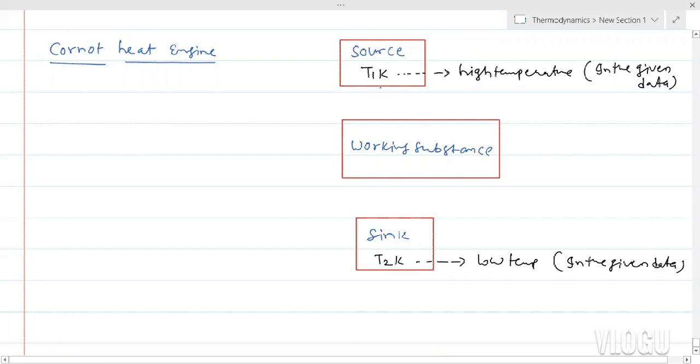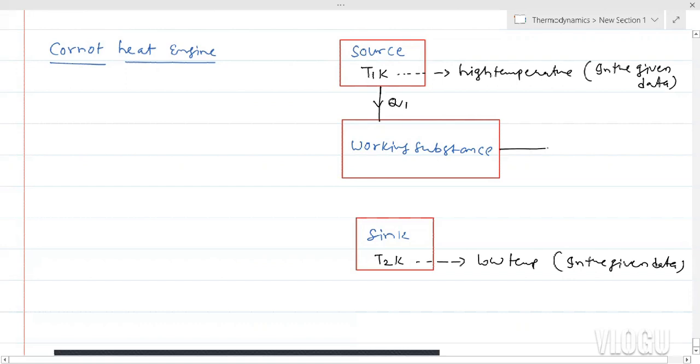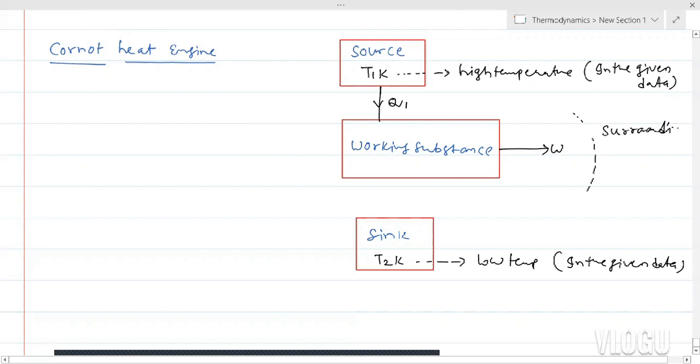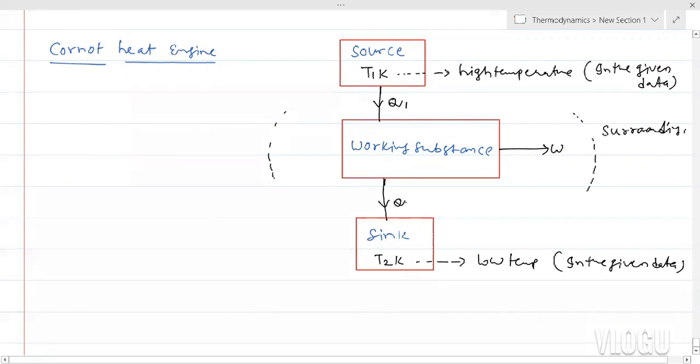So generally, the source is providing some heat energy to the working substance. By absorbing the heat energy, the working substance performs some work done over the surroundings. It sends out the remaining heat energy to the sink.